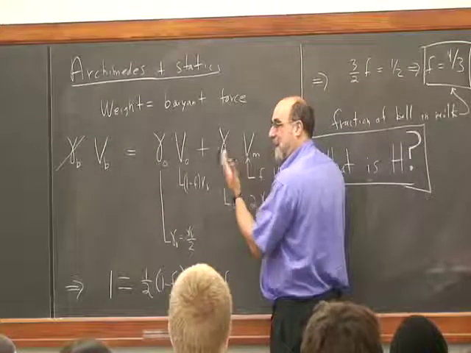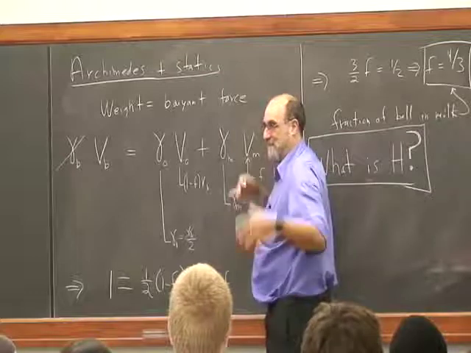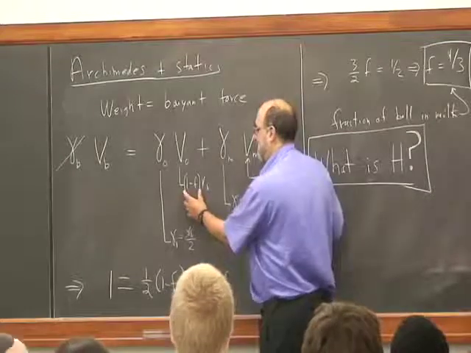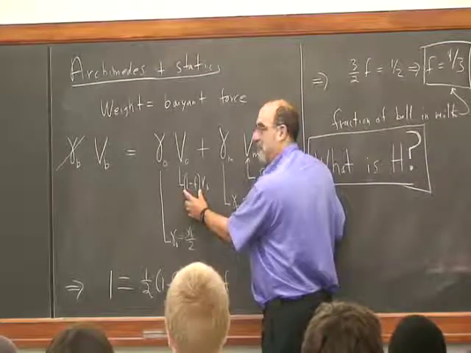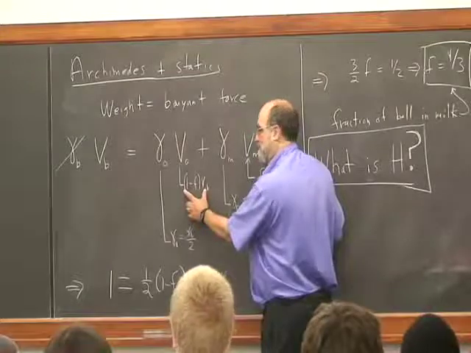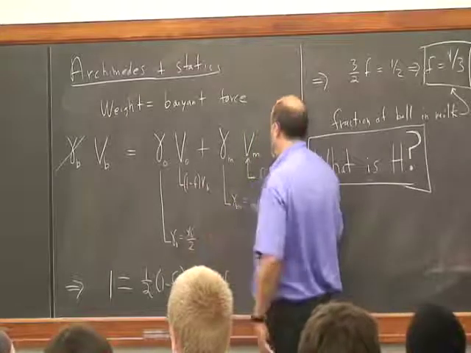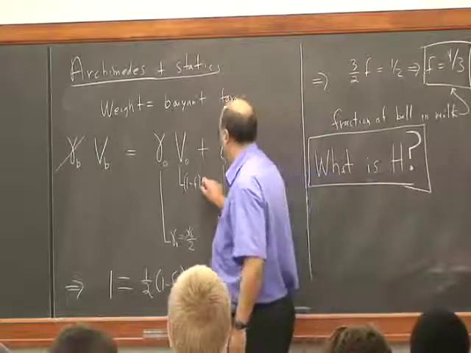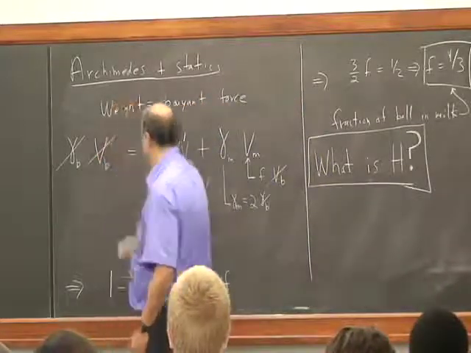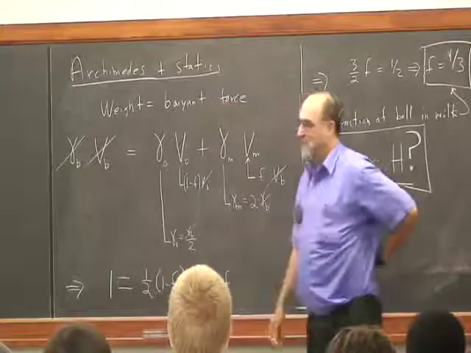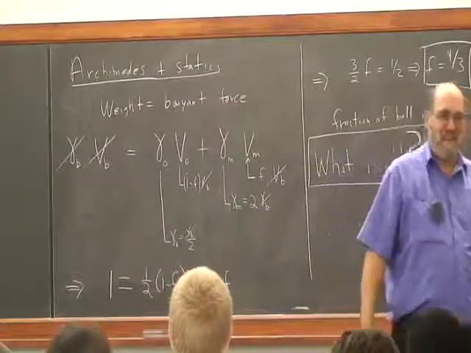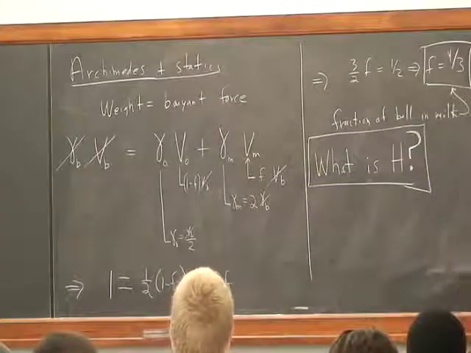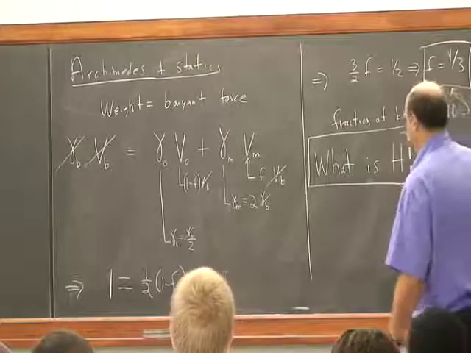And the ball's only got so much of itself, like 1 of itself. So the fraction of it that's in the oil is 1 minus F times the volume of the ball. Now what happens here is that the volume of the ball crosses off of both sides of the equation, and then you get this equation, one equation for the fraction of the ball that is submerged in milk.